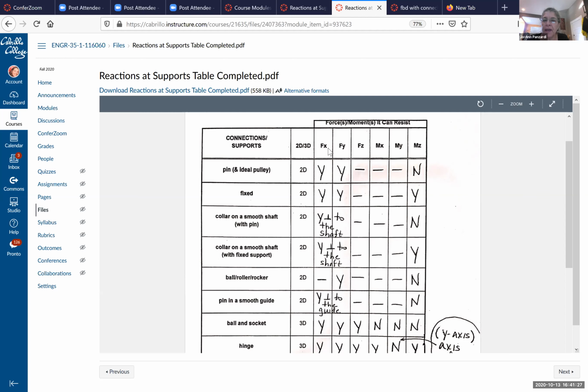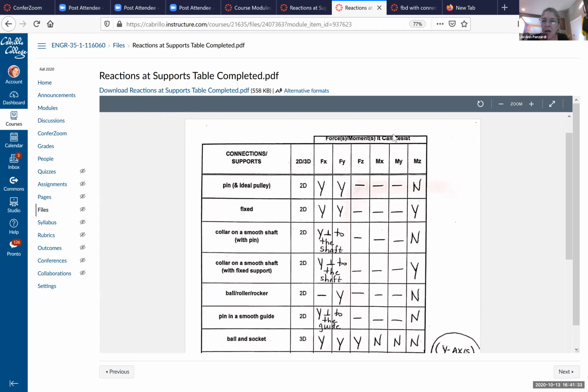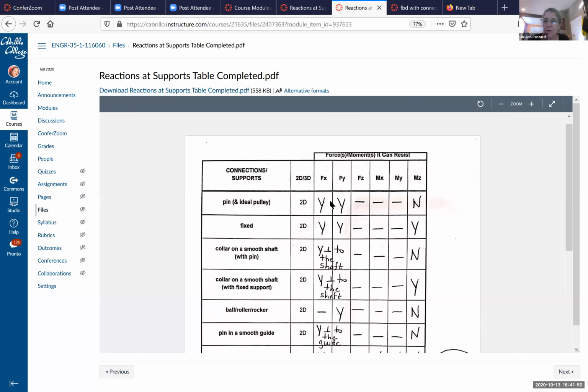Fx, fy, and moment z are the only possible things it could resist. And remember, look at the column. The title of the column says forces and moment it resists. So a pin, as Bon explained, could resist a force in the x and a force in the y. So the reactions at the supports are a force in the x and y.